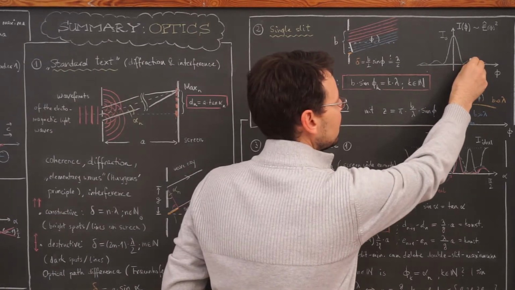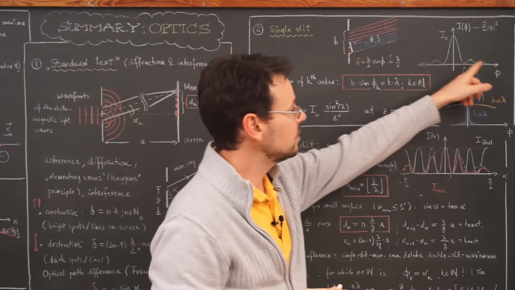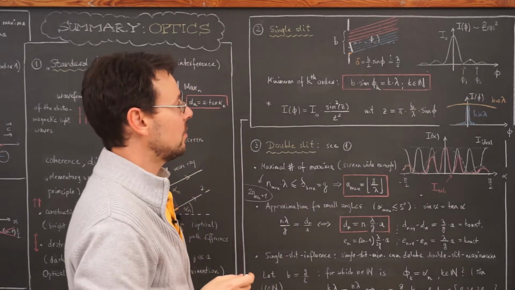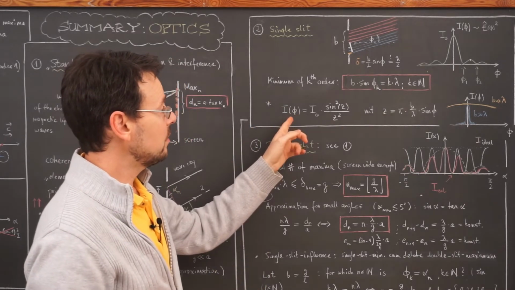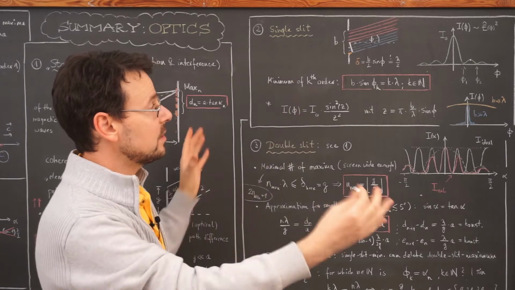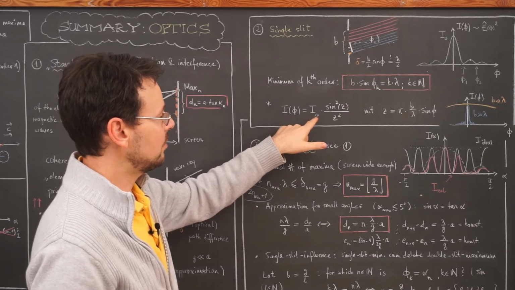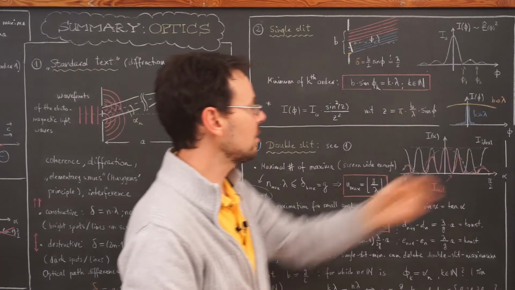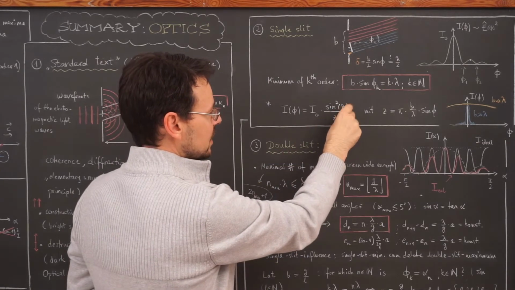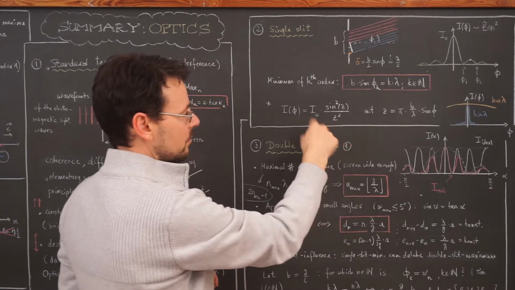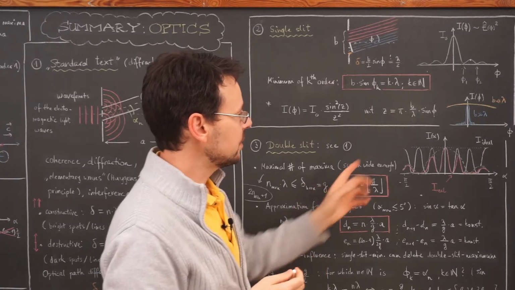Here, to calculate where these maxima lie is more difficult. We are not going to talk about that, but the zeros can be found exactly using this formula here. Now it's also possible to derive a formula which gives you the complete intensity curve function, which you find here. This is I sub 0, the intensity in the middle of the screen, times the sine squared of an argument z divided by z squared, where z contains all the important constants.